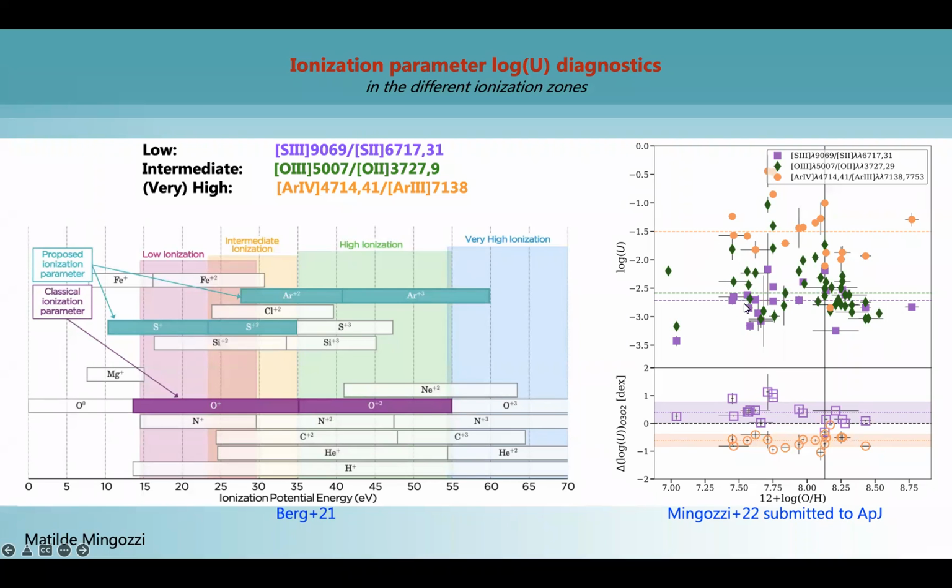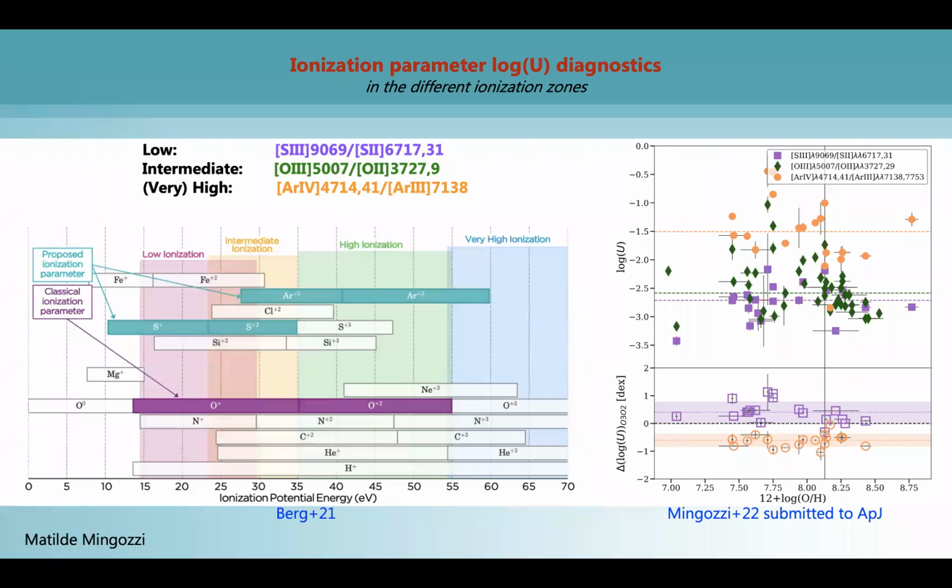The mainly used tracer is the oxygen 3, oxygen 2, so we saw how the other two measurements compare with respect to it, and we find that the sulfur 3, sulfur 2 ionization parameter is 0.5x lower with respect to the oxygen 3, oxygen 2, while the argon 4, argon 3 is 0.5x higher.